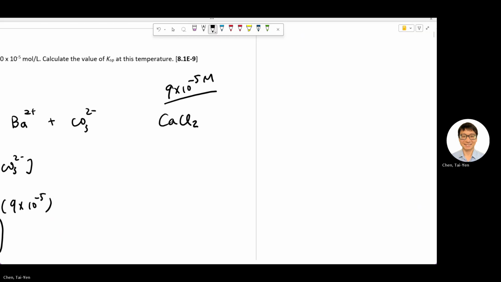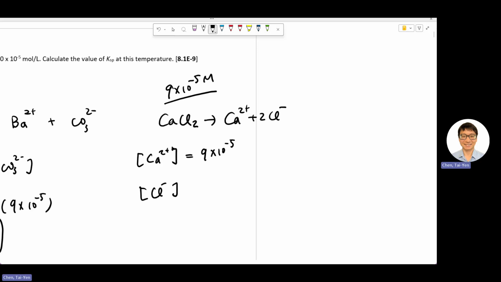However, you need to be able to write this. The concentration of your Ca2+ will equal 9 times 10 to the negative 5. The concentration of Cl- will be 2 times 9 times 10 to the negative 5.